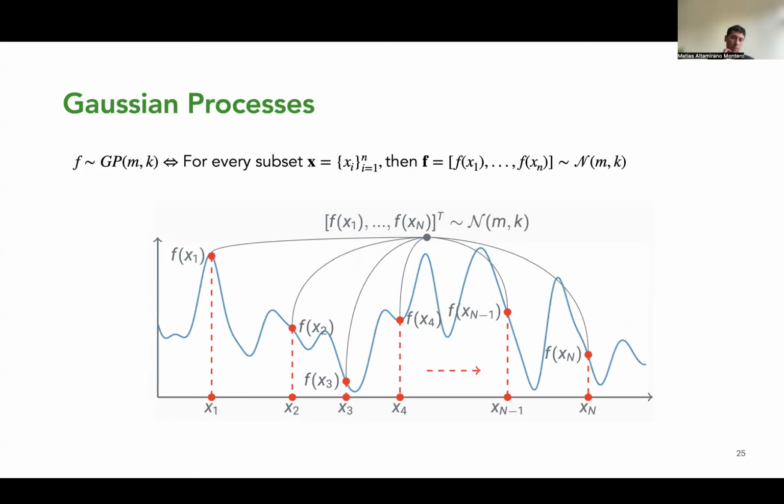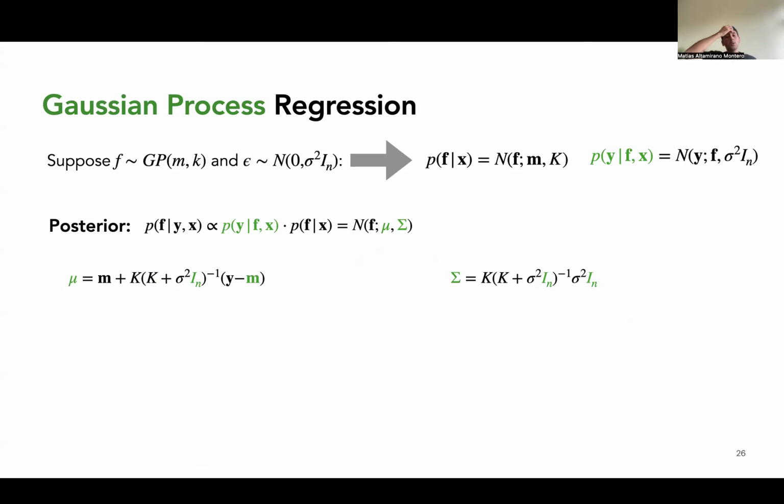A short introduction to Gaussian processes: a Gaussian process is just a stochastic process such that for every subset of observations X, the vector of evaluations f of x follows a Gaussian with mean m and covariance k, which are given by the mean and covariance functions of the stochastic process. So we can use this as a base for Gaussian process regression.